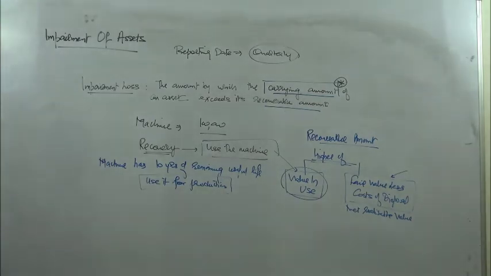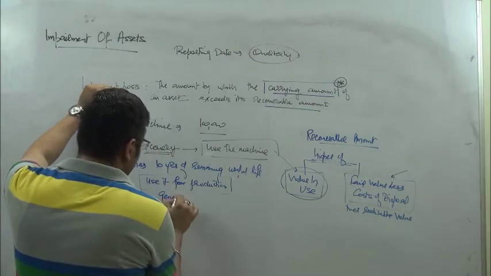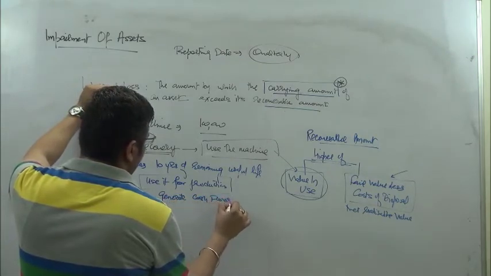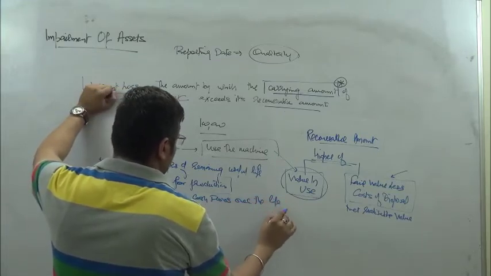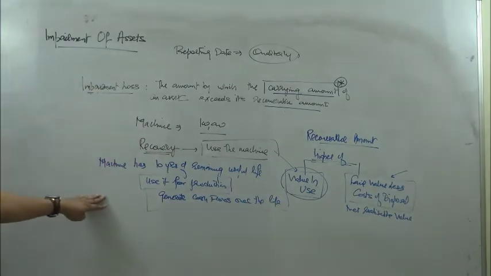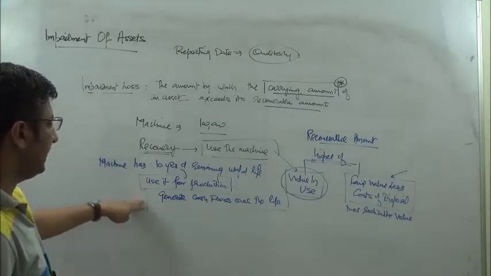Okay, and I will be able to generate cash flows over that remaining life. Okay, right? I would use it for production, generate cash flows over the life.